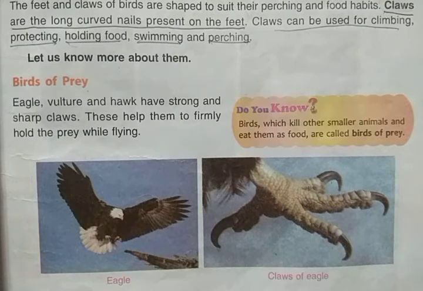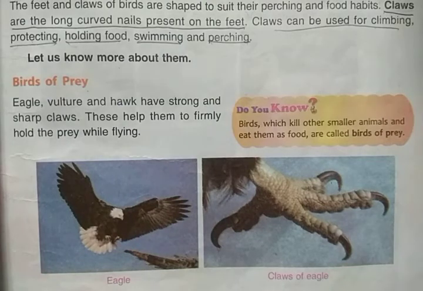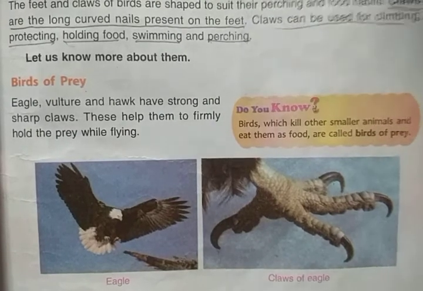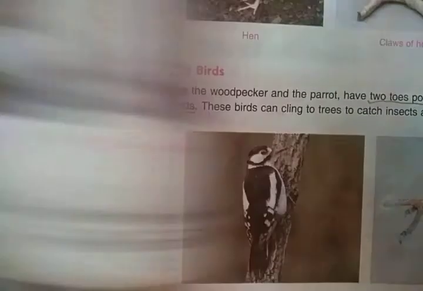Obviously, जो bird शिकार करता है, उसके कैसे होंगे claws? Strong and sharp. These help them to firmly hold the prey while flying. तो fly करते हुए वो hold कर सकता है अपने शिकार को. So that's why they have very strong and sharp claws.